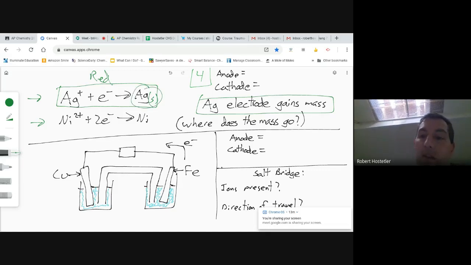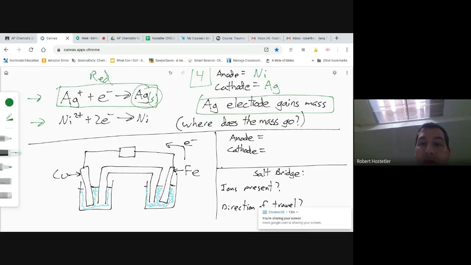So in this case, the cathode is going to be the silver, and then the anode is going to be the nickel. And so they always ask you, like, how does it gain mass? Where does the mass come from? Where does the mass go? All that kind of stuff.